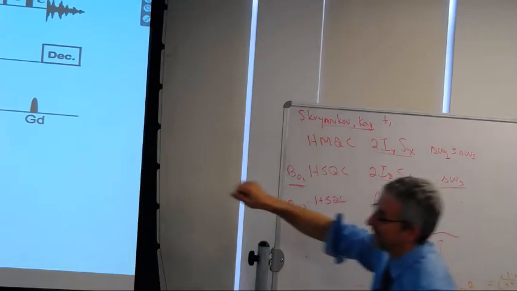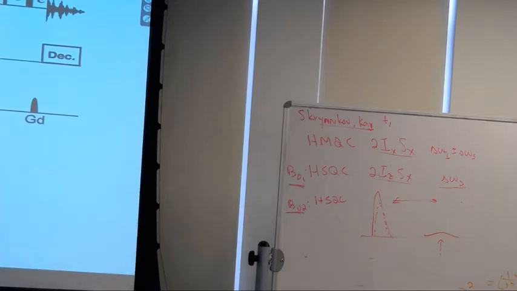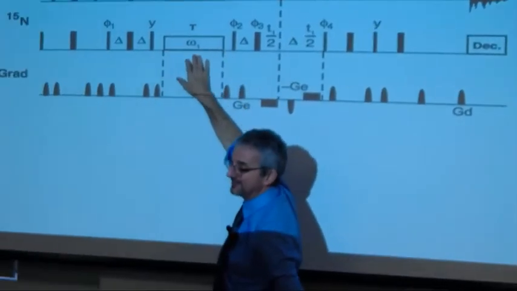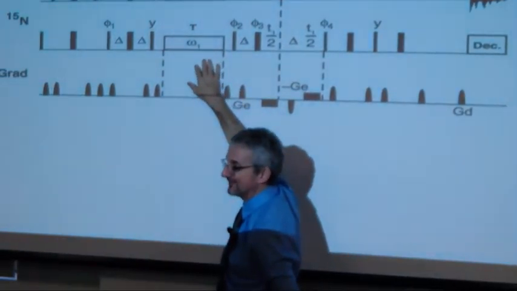So here's the experiment. It looks just like the R1 rho experiment, except we don't bother trying to align the magnetization along the effective field.